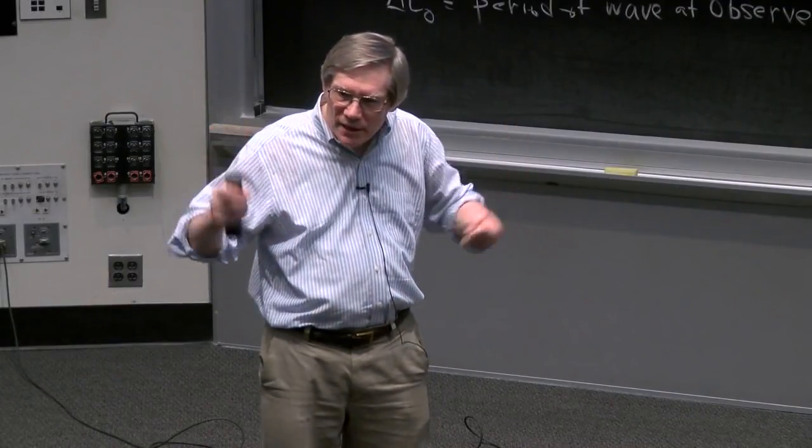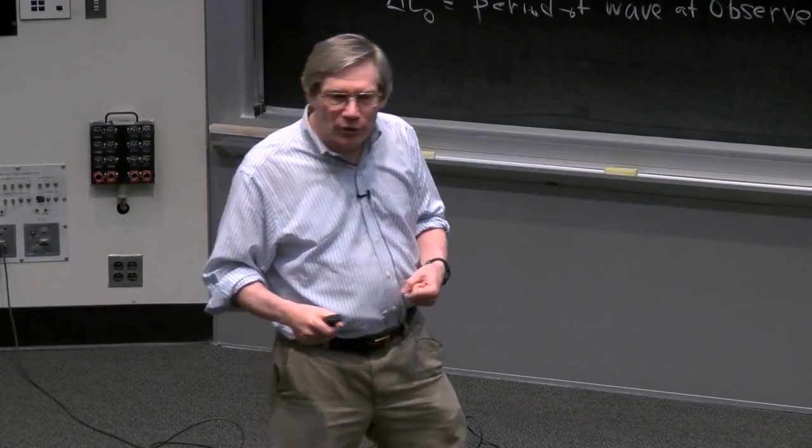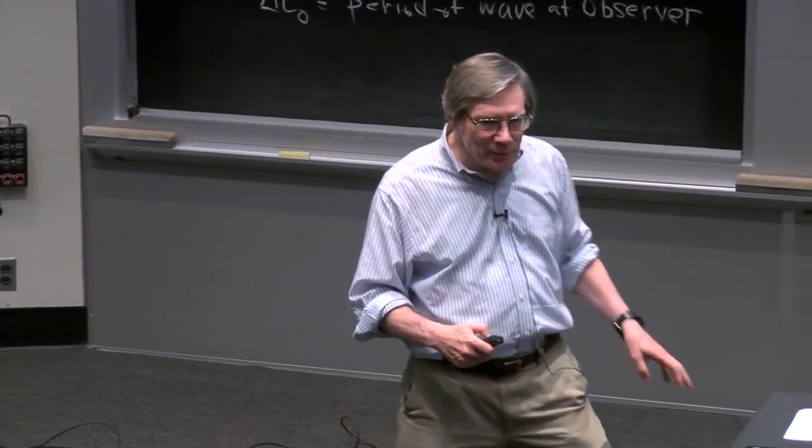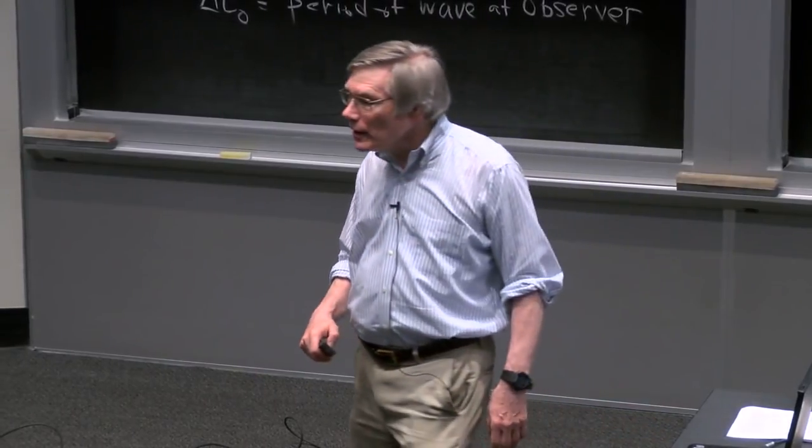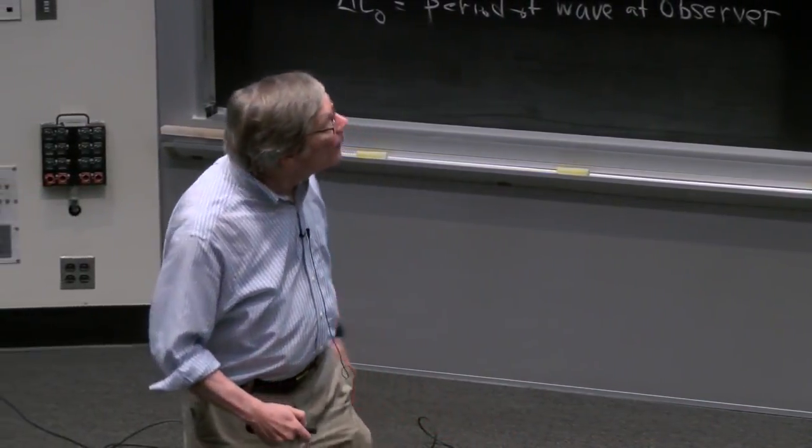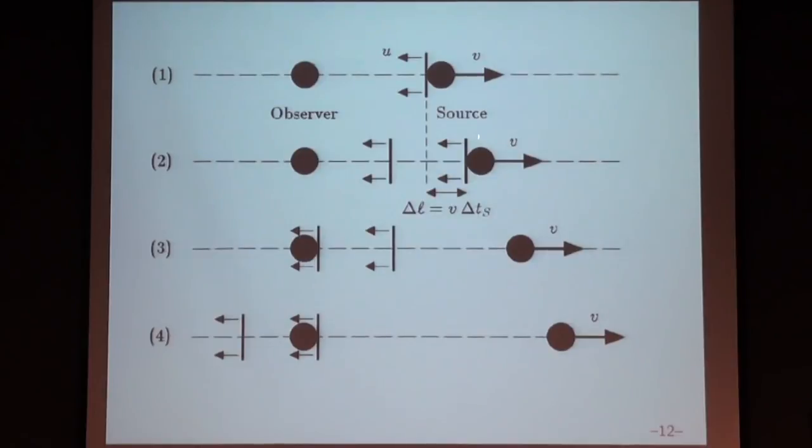And somehow to me that sounds a little simpler to describe because you don't have to think about the sine wave associated with the signal that the source is actually creating. So in any case, the time between these pulses, as measured by the source clock, is what we call delta t sub s. It's the time that the source would actually measure.